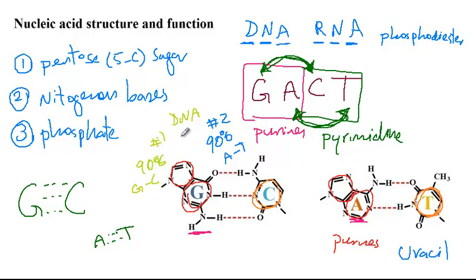So DNA number 1 and number 2, which one is bound stronger? And the answer is number 1, because guanine and cytosine has 3 hydrogen bonds versus adenine and thymine, which have only 2 hydrogen bonds. So if we have a DNA strand that has a high GC content, then that DNA strand is more tightly bound, and usually we need higher temperature in order to denature that DNA strand.